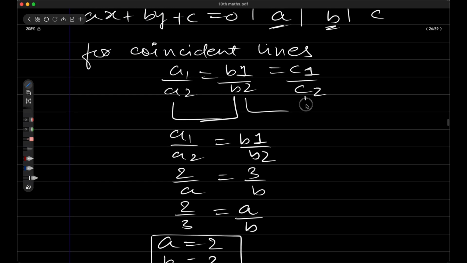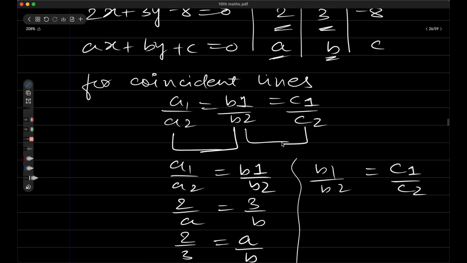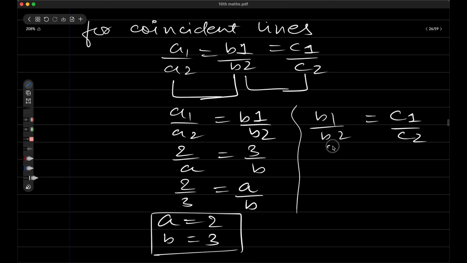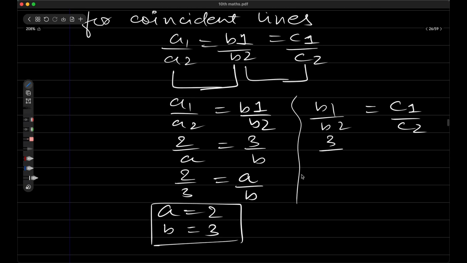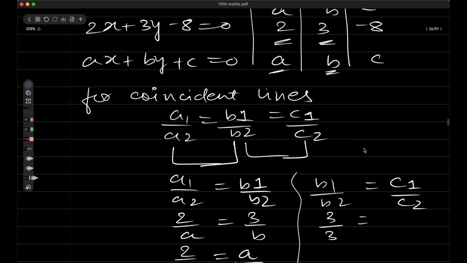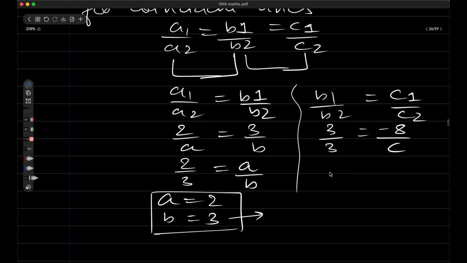Now take the other pair, that is b1 upon b2 equals c1 upon c2. We have b1 equals 3 upon b equals minus 8 upon c. 3 upon b, we got b equals 3 and c1, that is minus 8 upon c, 3 will get cancelled, c equals minus 8.